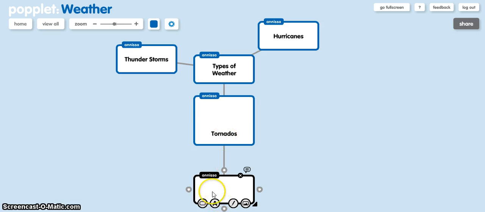This box will let me change the outline, so I can make the outline pink. And then this A will let me type, so I'm going to say characteristics of tornadoes: high winds, rain, and hail.